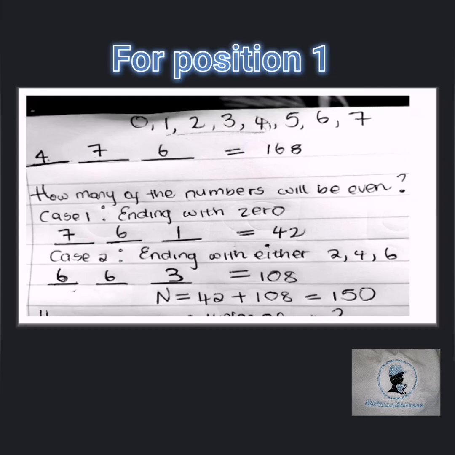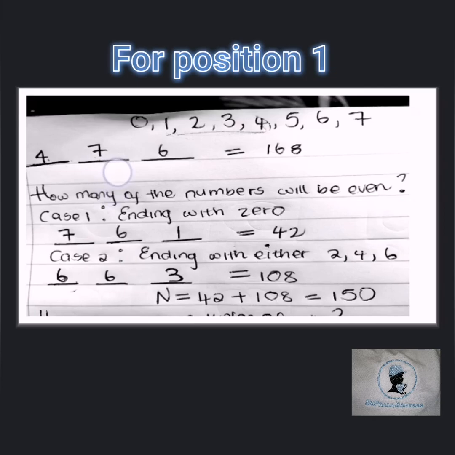The minute you choose 5, you are wrong, because they said the numbers should be between 100 and 500. They did not say 500 included, right? So 500 and 100 are not inclusive in this case. So you will have 4 times.